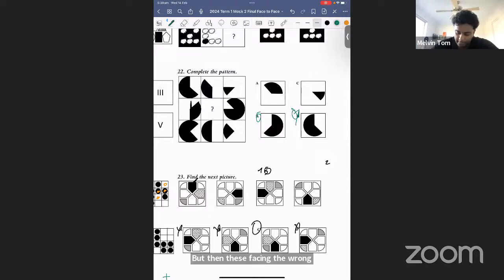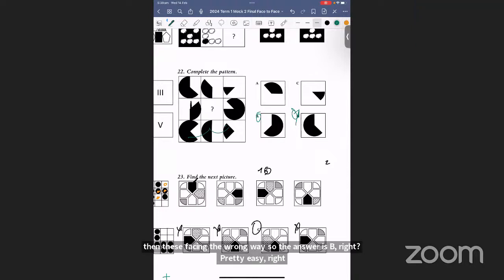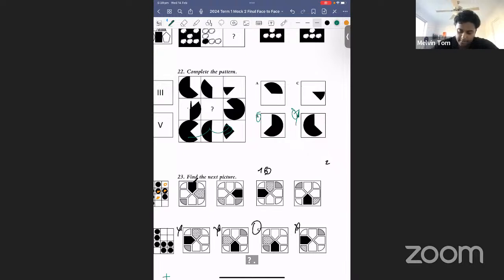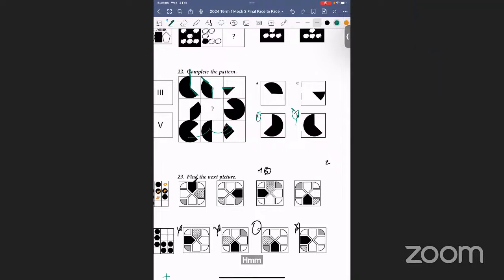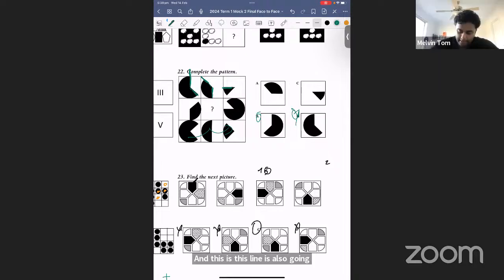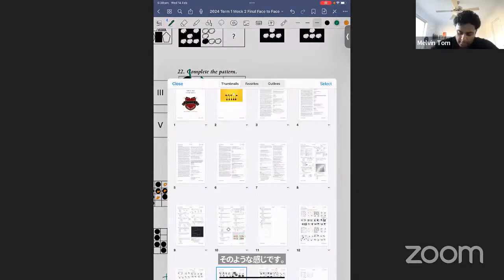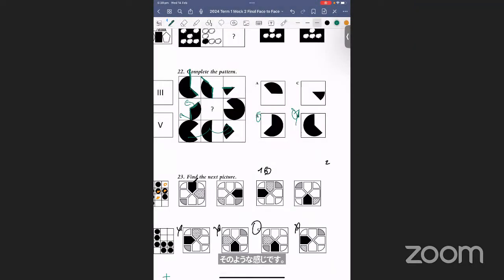But the actual pattern, Vidula, is that this line here is going -1 each time on an 8-sided map. And this line is also going -1 on an 8-sided map. So this is going anti-clockwise, and this is also going anti-clockwise. Sorry, clockwise. Do you understand? Yes. That's how it works.